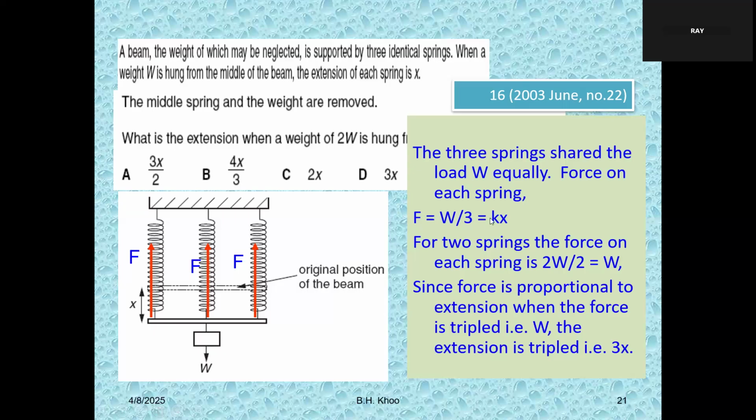K is constant. Okay or not? I thought the extension is supposed to be less because the weight is distributed to three springs. The weight on each spring is W, so to get W, you must multiply by 3. 3 here and 3 here. So it's 3x.